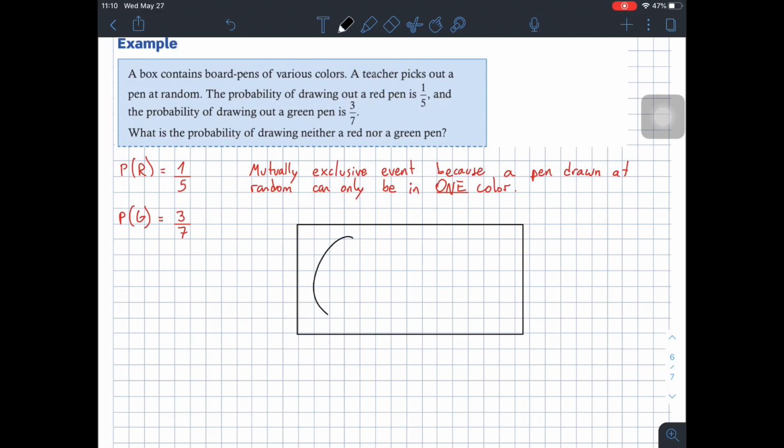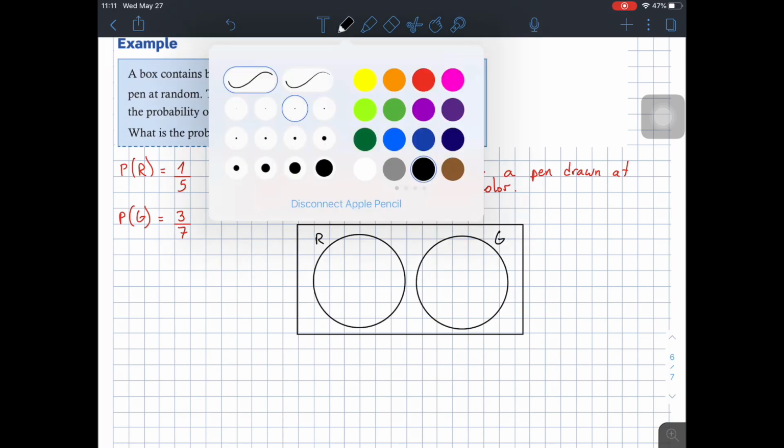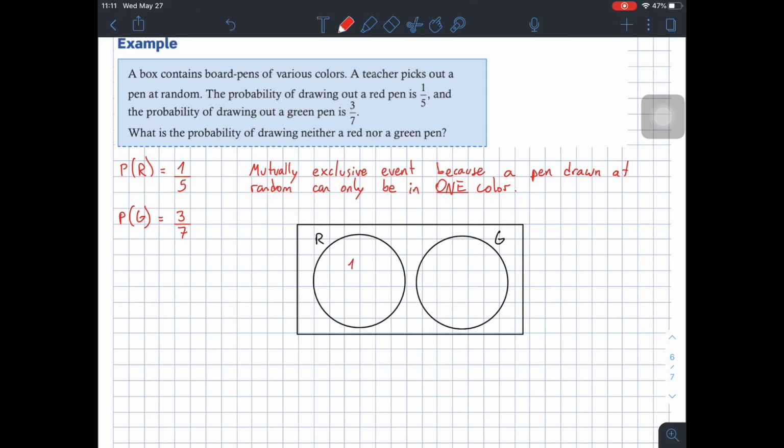So as it is mutually exclusive, I'm gonna separate both circles, and I'm gonna put red in this one, green in this one. The probability of red is 1/5, and the probability of green is 3/7, right?